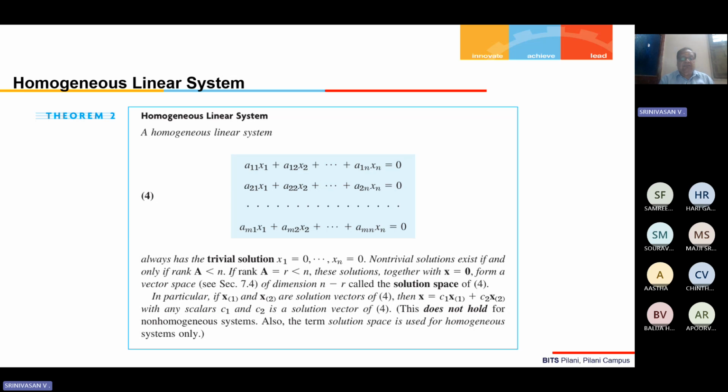Non-trivial solutions exist if and only if the rank of A is less than n. If the rank of A is less than n, these solutions together with x equal to 0 form a vector space of dimension n minus r, called the solution space of this homogeneous system of equations. That is called the null space.